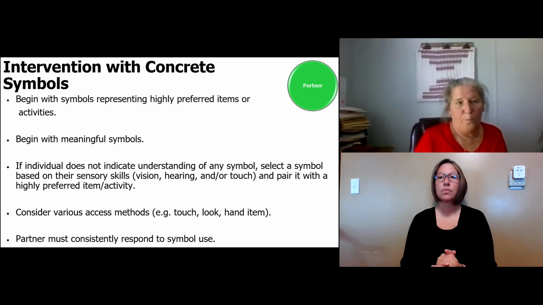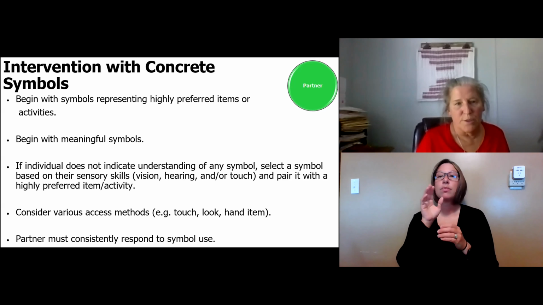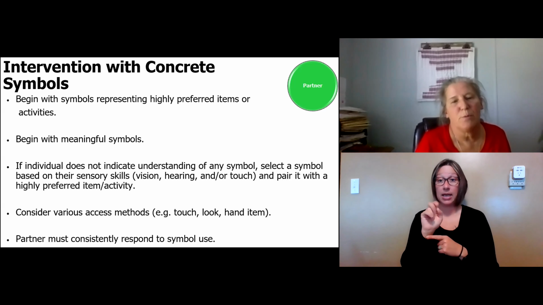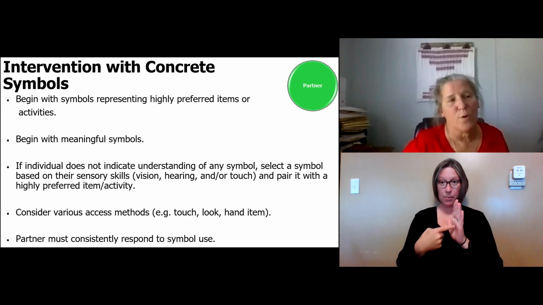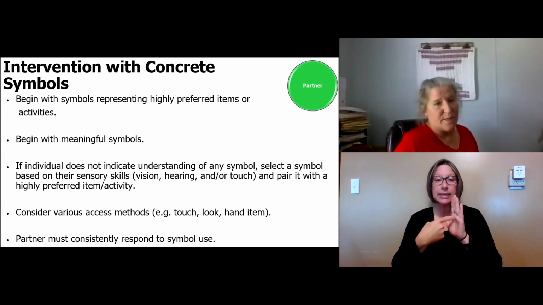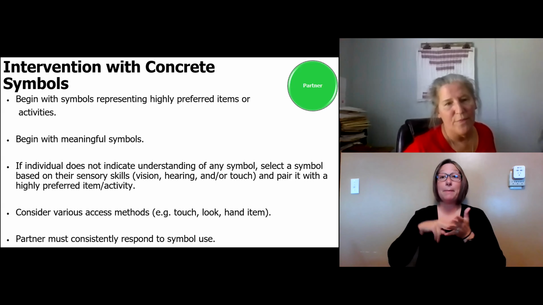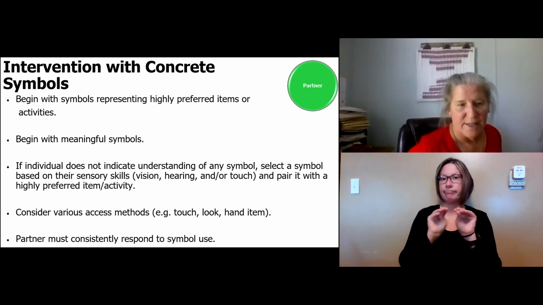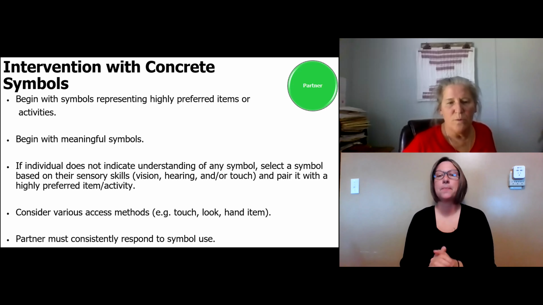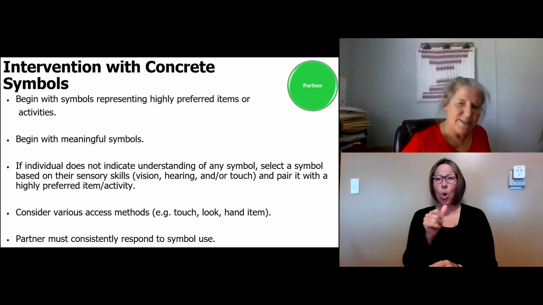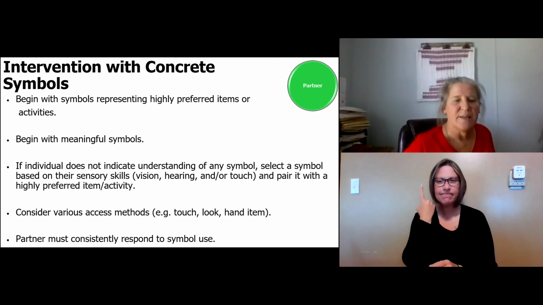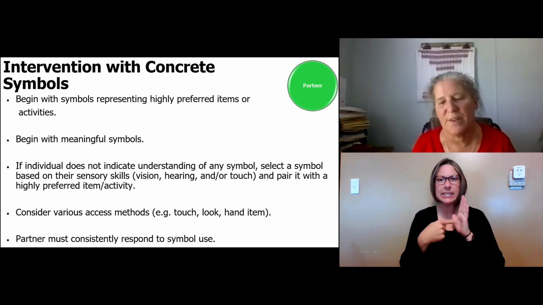Then this is the intervention using symbols. Begin with the symbols representing those highly preferred activities or items. I'm going to have meaningful symbols that go with those meaningful activities. And if they don't indicate understanding of any symbol, then I'm going to select a symbol based on their sensory skills.